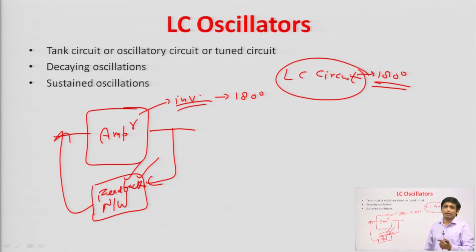That is an inverting amplifier, right. So, we need to understand how much phase shift should be provided by the feedback network. That depends upon which kind of amplifier we are going to use, whether an inverting amplifier or a non-inverting amplifier. Now, coming to this LC oscillator, in it we are going to use an inductor and a capacitor.